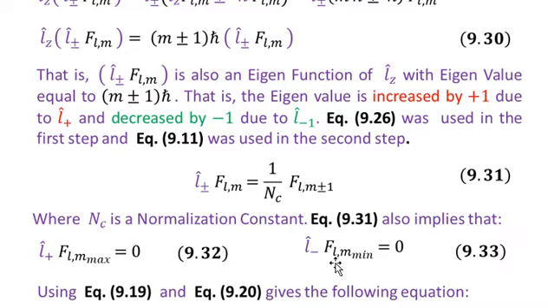Similarly, if you are operating on F L with m minimum, so you have reached the minimum wave function, F L M minimum, and you operate this wave function with L minus, there is no state below that one. So when L minus operates on such a state, you will get zero, as shown in equation number 33. So the results 32 and 33 follow directly from the results shown in equation number 9.30, or can also be inferred from equation number 9.31.